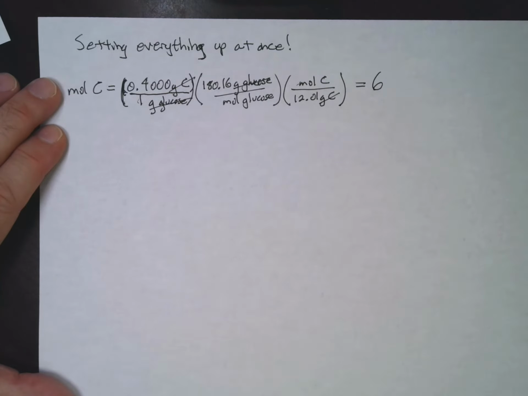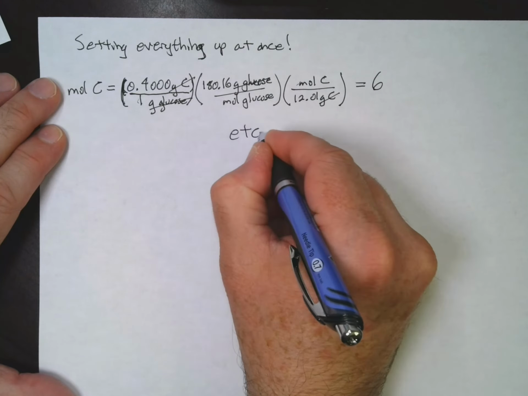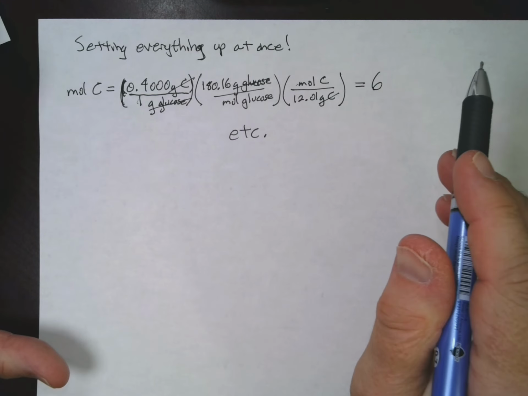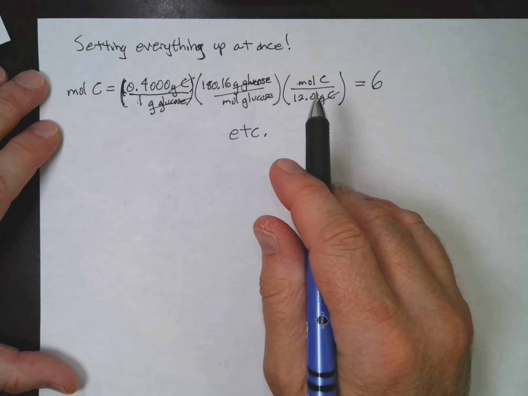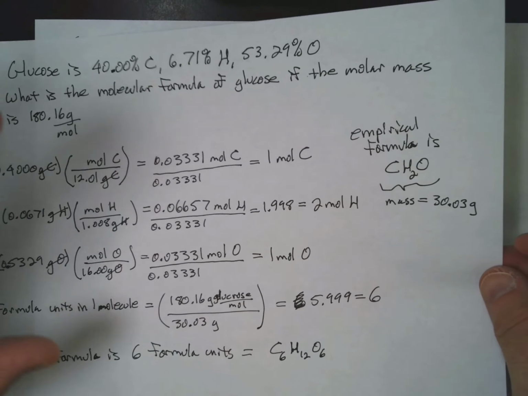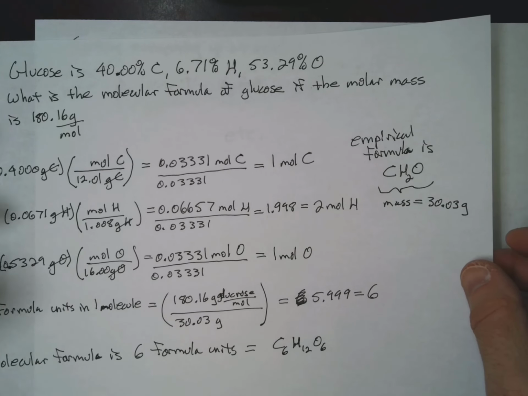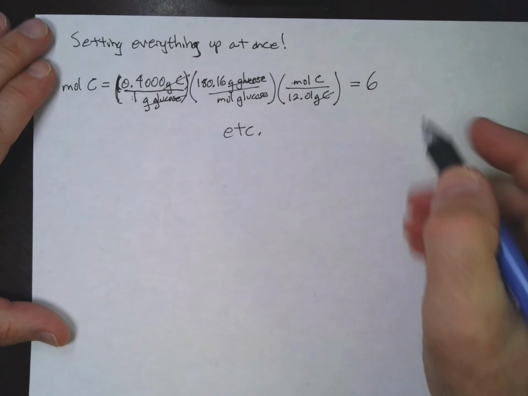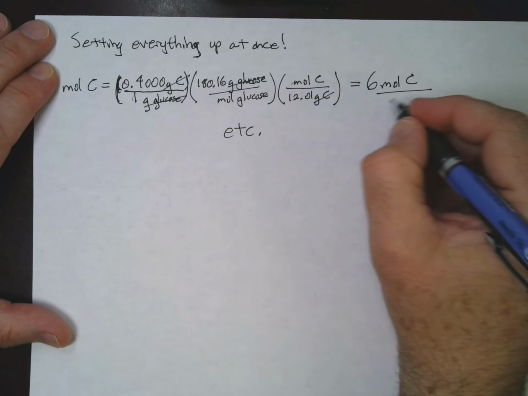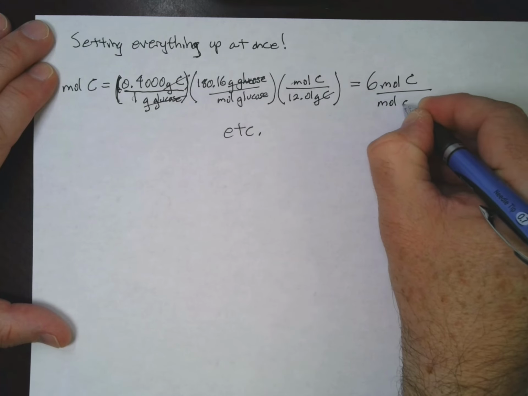And I'll just say etc., and you can do that for hydrogen and oxygen. Same calculation. Essentially you're doing the initial calculation but multiplying through by the molar mass to get your actual number of moles. So this is 6 moles of carbon. I should probably have my units in here, per mole of glucose.